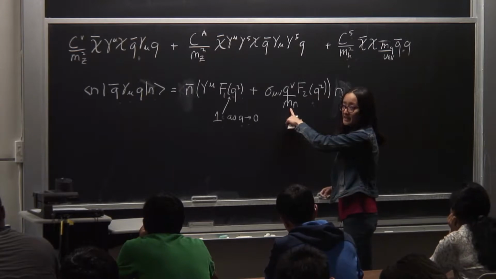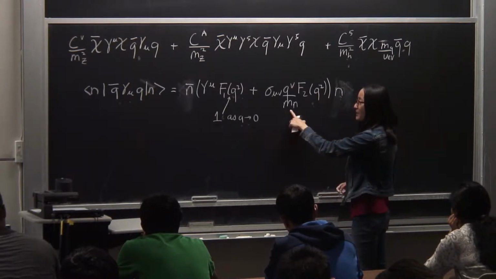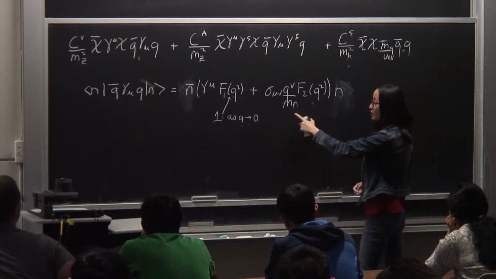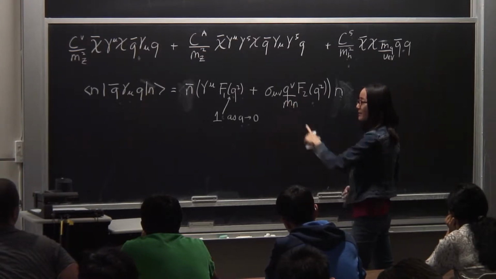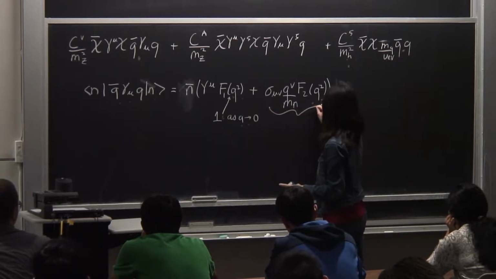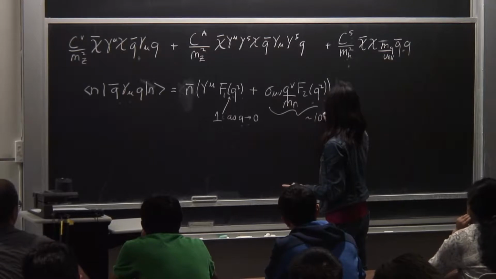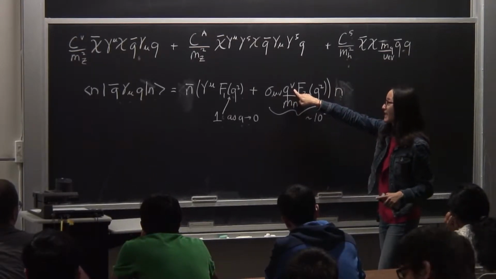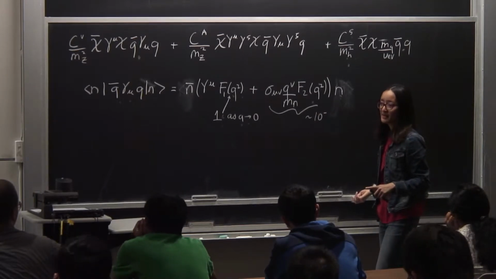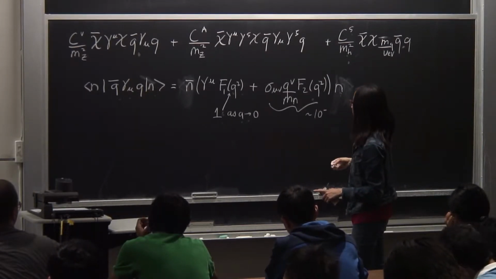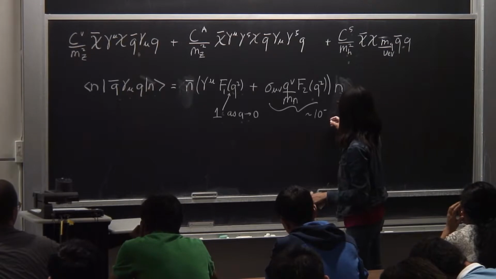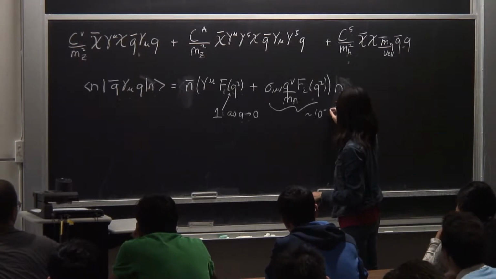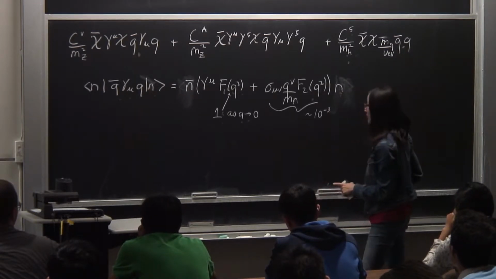So that also means whatever the second piece is, it's going to be suppressed by at least 10 to the minus 2, 10 to the minus 3 because of this momentum over Mn. And that Q has become a full momentum now? Because you've got Q mu. Yeah, in this case I put a four-momentum label, so it's the four-momentum. So this piece will get suppressed generally.